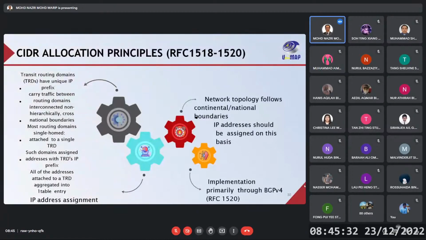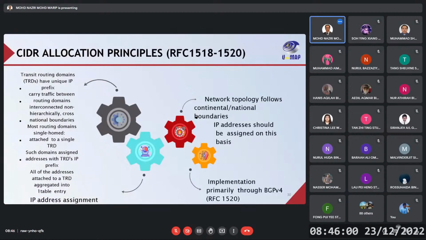Implementation for CIDR is normally through BGP version 4. BGP means Border Gateway Protocol version 4. This BGP is only used for the internet. Other than the internet, you cannot use BGP. You might use it for a different organization or a different country.